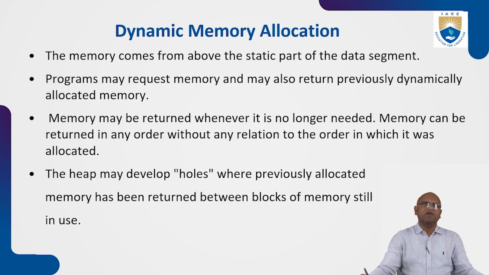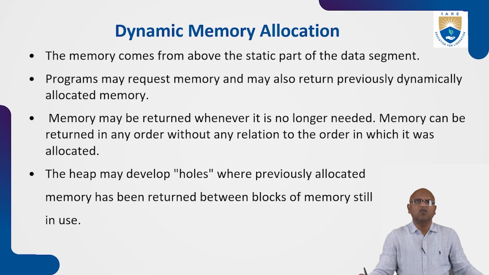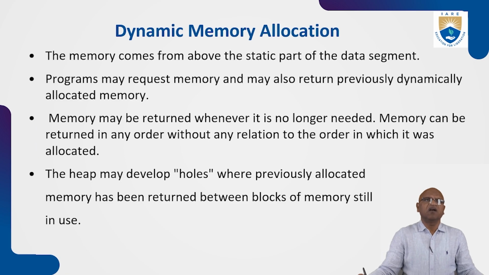Programs may request memory and may also return previously dynamically allocated memory. Memory may be returned whenever it is no longer needed, in any order without any relation to the order in which it was allocated. The heap may develop holes where previously allocated memory has been returned between blocks of memory still in use.